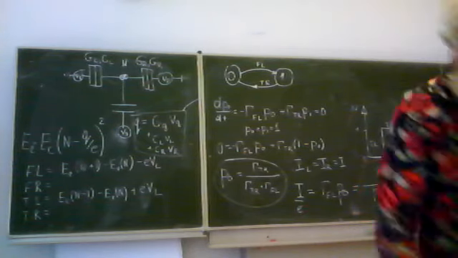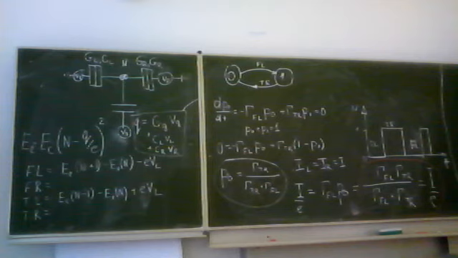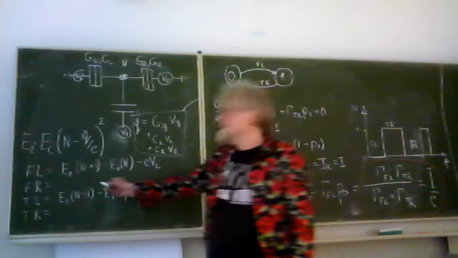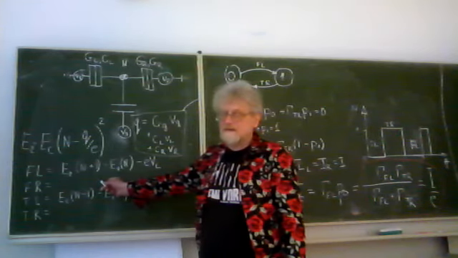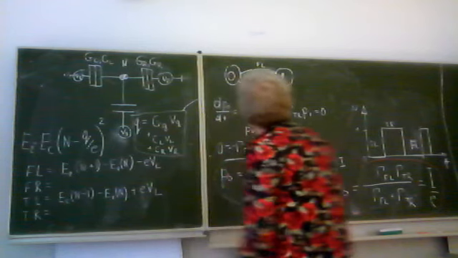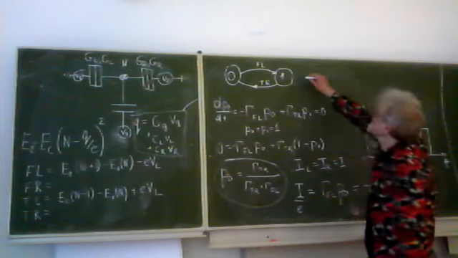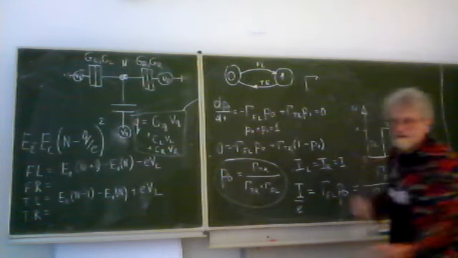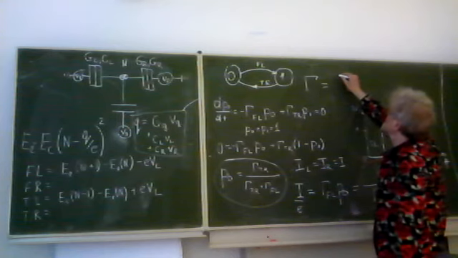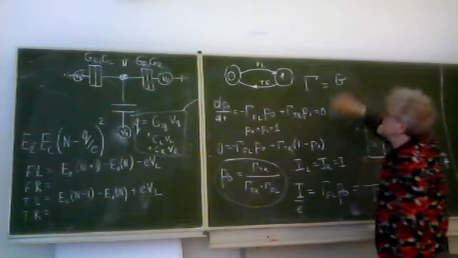We have not yet done with it, because the problem is to express it in terms of voltages. So now we need to go back to the energy differences, right? And use the general formula for the rate. The rate from left to the right at 0 temperature is what?